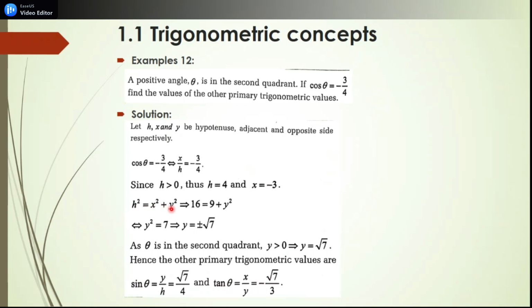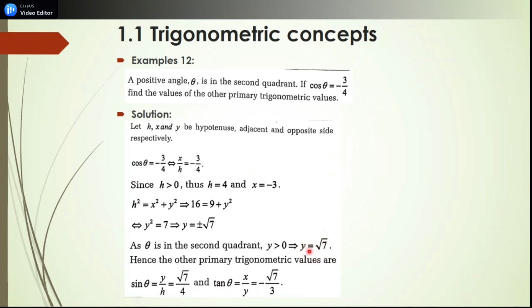We remain to find the value of y, the opposite side, which is up, considering a circle. After calculating, y is equal to plus or minus square root of 7. We consider the positive value.